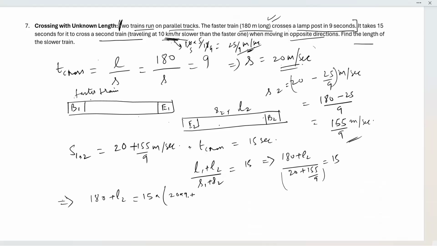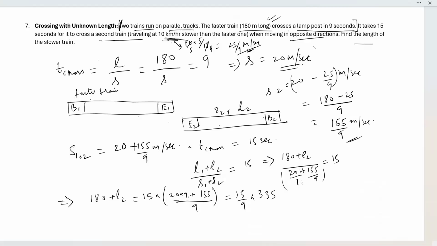I've taken the LCM. Here the denominator is 1, so the LCM will be 9. In order to make the denominator 9, I have to multiply the numerator and denominator of this fraction by 9. So that is what I have done over here. And this comes out to be 15 by 9 into 180 plus 315. So 180 plus 150 is 330. So this will be 335.